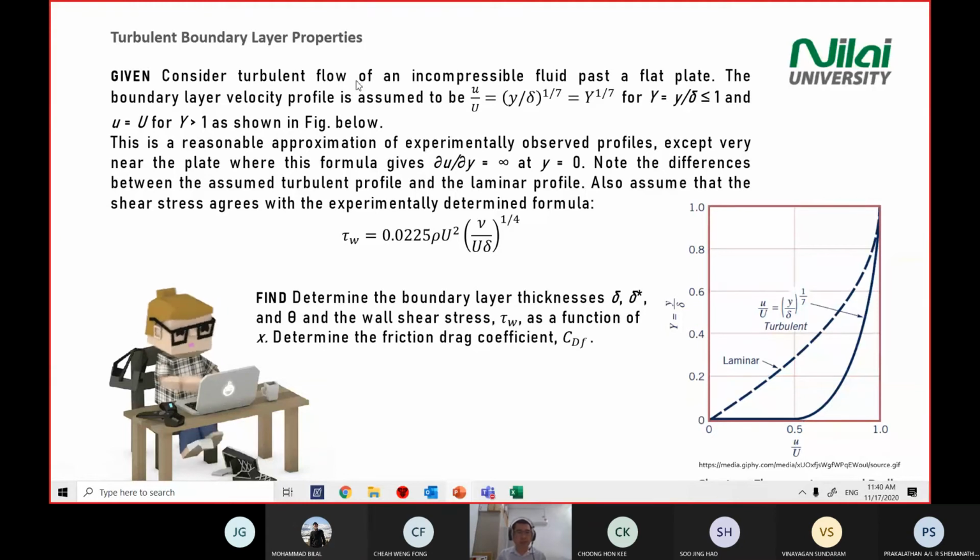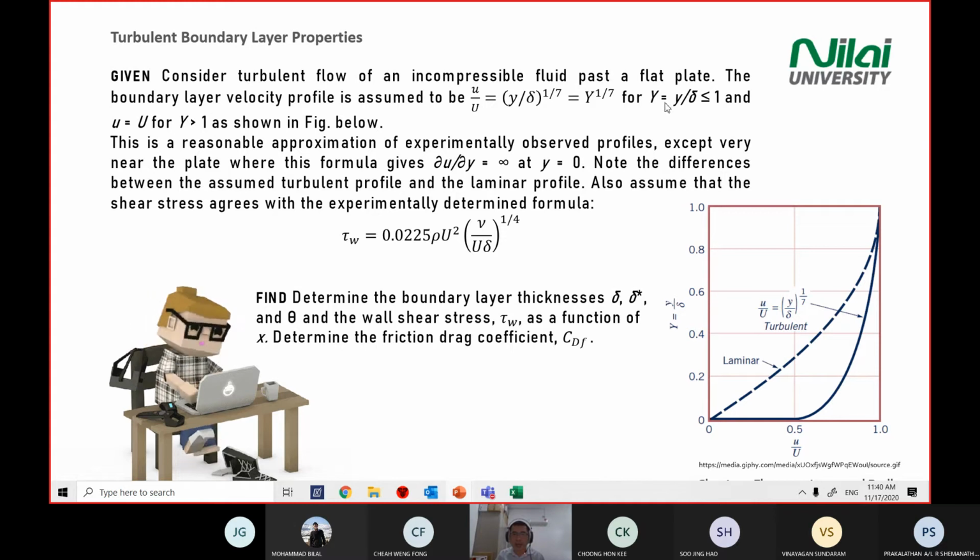So consider turbulent flow of incompressible fluid passing a flat plate. Our scenario is a flat plate, incompressible, and we look at turbulent flow. The boundary layer velocity profile, small u, is assumed to be this one. Because we are looking at the turbulent profile, this equation will be our focus.